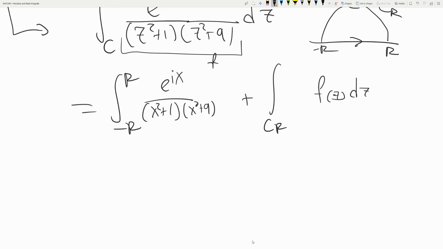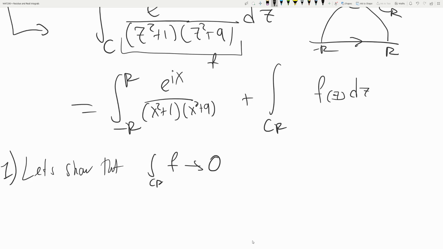Let's apply the lemma, because in this case there's not much to do. So let's show that the integral over C_R goes to 0. That's easy.